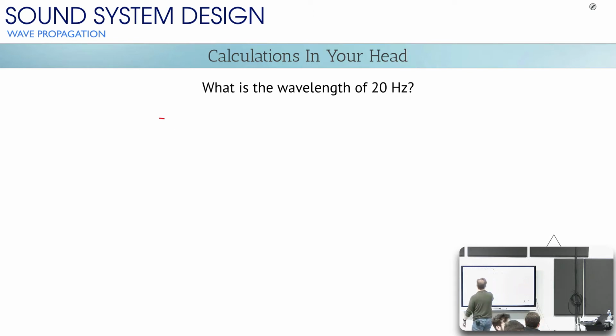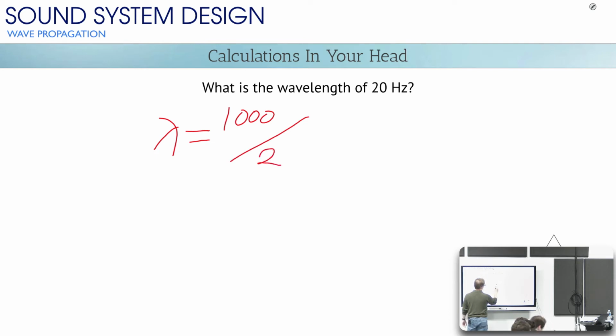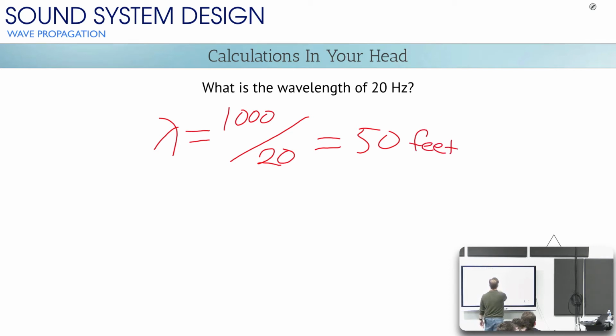So wavelength is equal to 1,000 feet per second, because we're doing it in our head, we're going to use 1,000, it's easier that way, divided by 20 hertz. What's 1,000 divided by 20? 50, right? So that would be 50 what? Feet, because it's 1,000 feet per second. That makes sense? We did it.